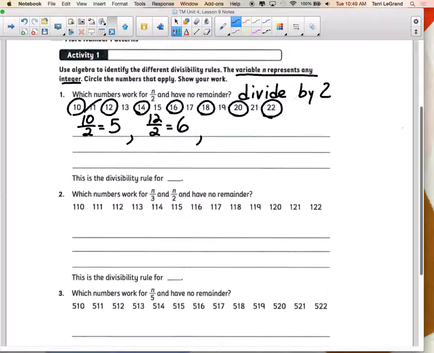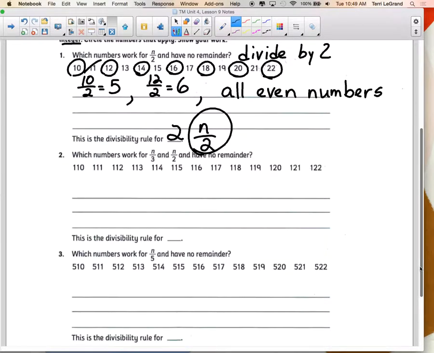Okay. So we showed work for the first 2, and they were both even numbers. And now we're going to say, you know what, let's just put all even numbers. This is the divisibility rule. So in other words, when they say n over 2, what is this the divisibility rule for? 2. This is the divisibility rule written algebraically for 2.